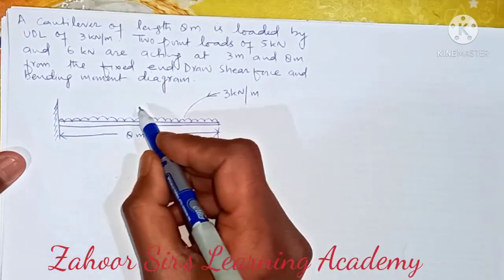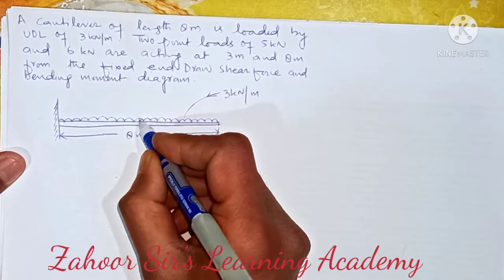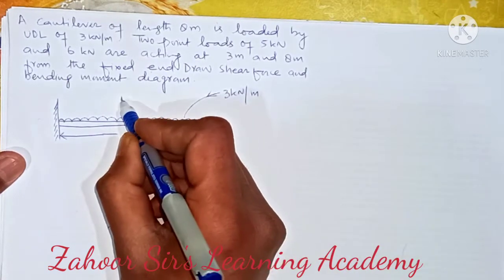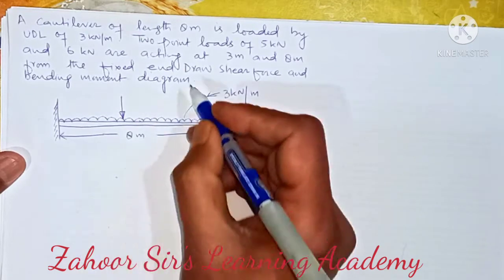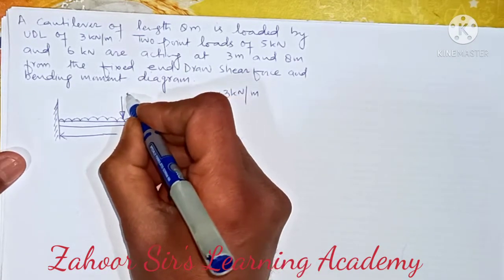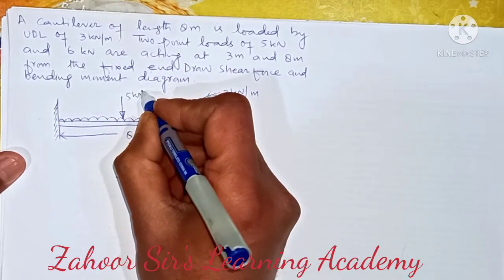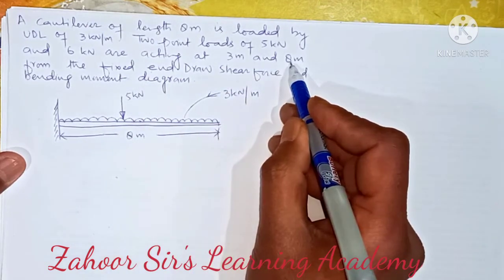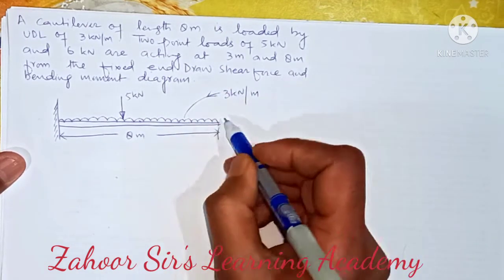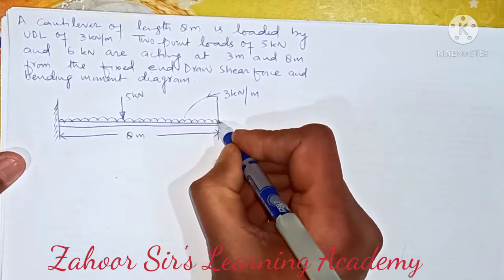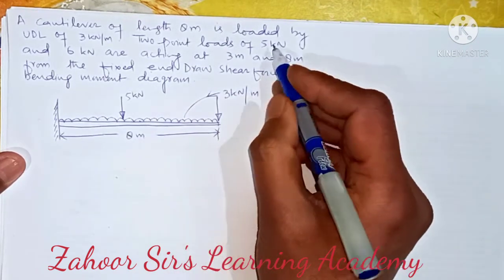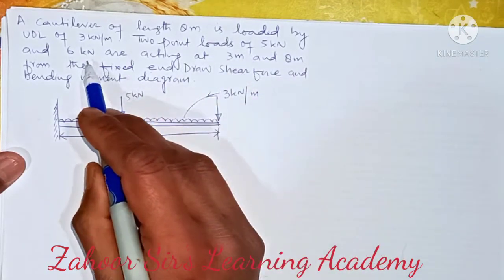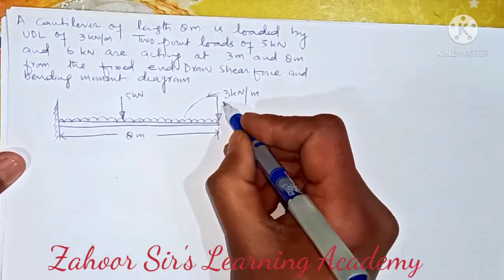So there are 2 point loads. One is at 3 meters, here, of magnitude 5 kilonewton, and another is at 8 meters, that is at the free end, and the magnitude of that load is 6 kilonewton.